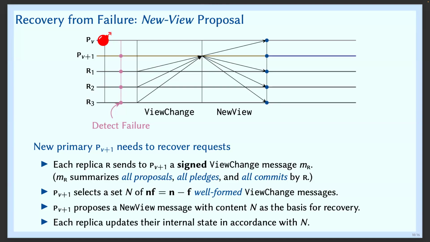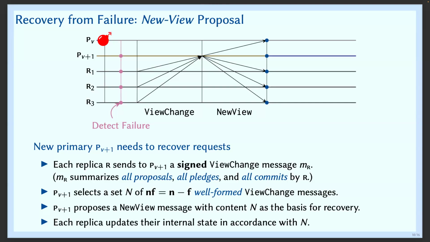The new primary needs to form a view change quorum, or a recovery quorum, meaning that enough replicas have sent a view change message to it saying that you are the new primary. Then it will reconstruct or reassemble what the history should look like, based on all the inputs it received from the older replicas.